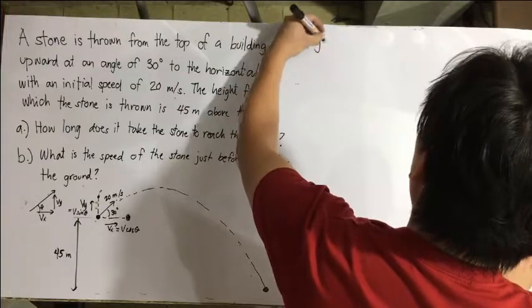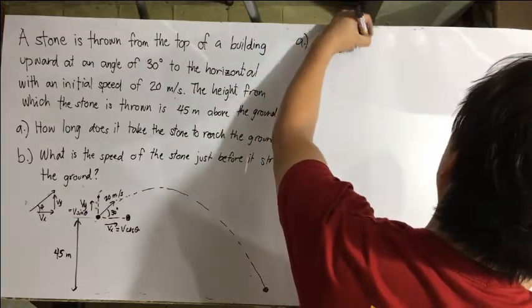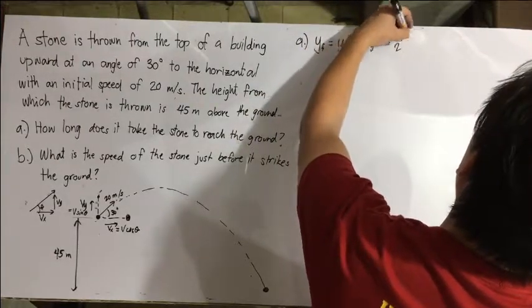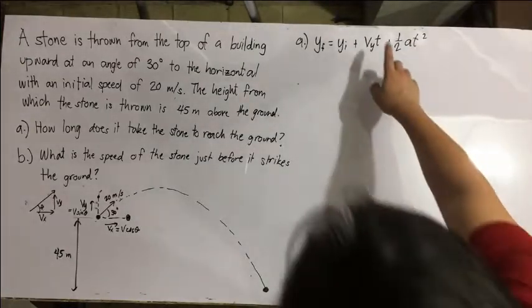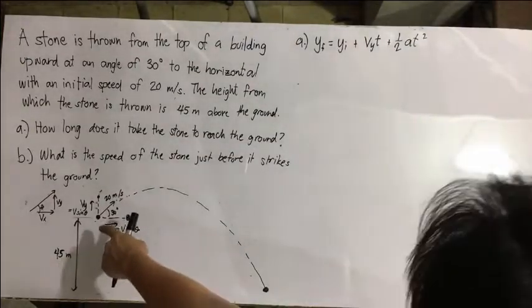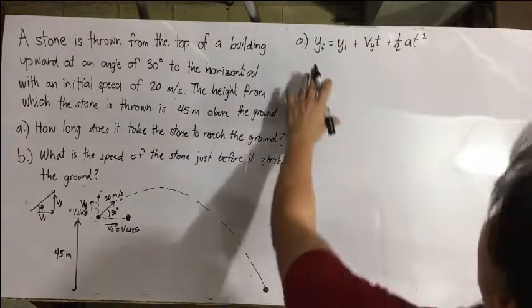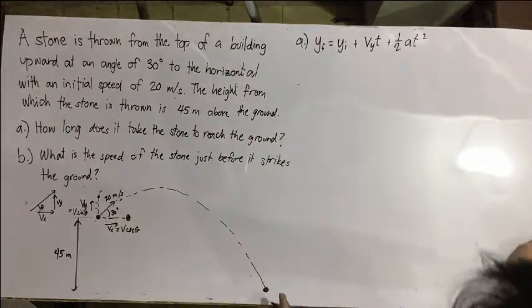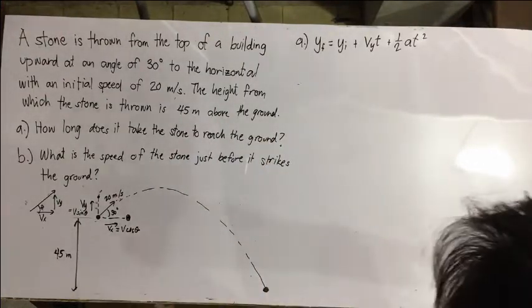Okay, so the answer, letter A, we will use the kinematic equations, and one of those kinematic equations is yf is equal to yi plus vy t plus 1/2 a t squared. Now remember, the y we're using is the y component, and the yf will be the final position of the stone relative to the origin of the y component.